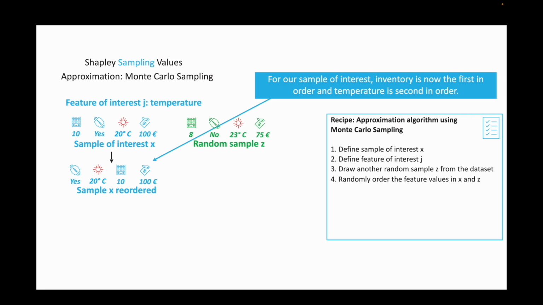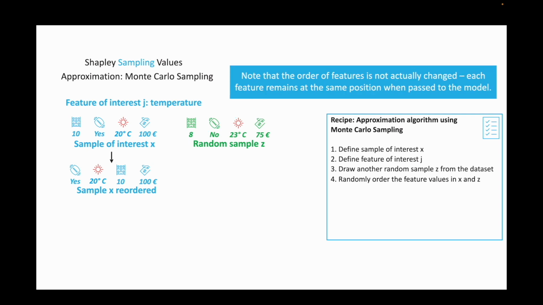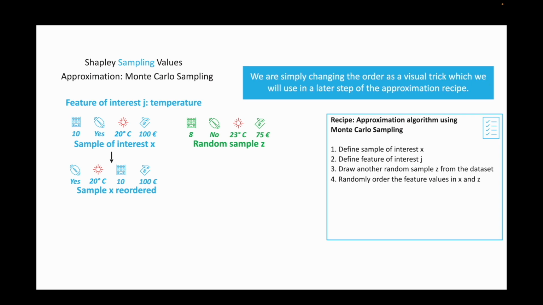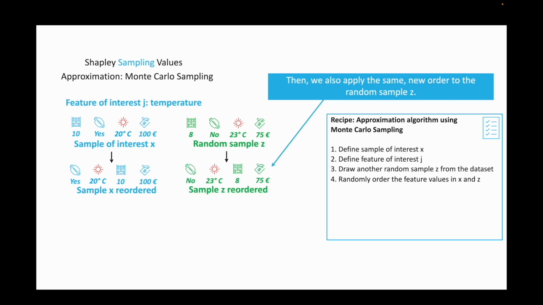For our sample of interest, inventory is now the first in order, and temperature is second in order. Note that the order of features is not actually changed. Each feature remains at the same position when passed to the model. We are simply changing the order as a visual trick, which we will use in a later step of the approximation recipe. Then we also apply the same new order to the random sample z.